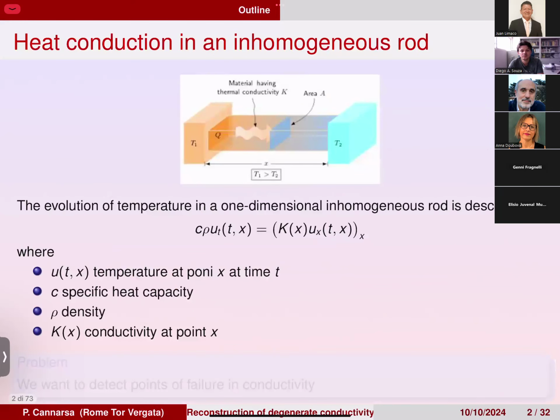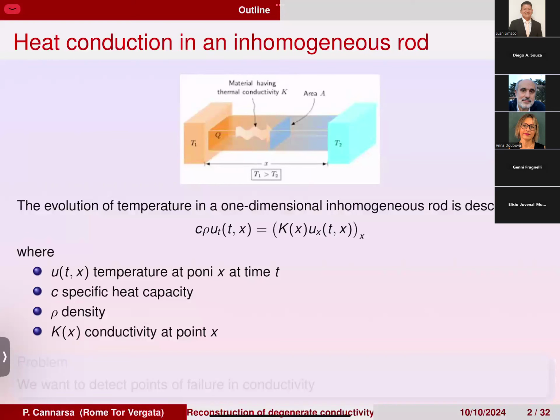The physical motivation is very simple. Although degenerate parabolic equations occur in many different applied domains, from population genetics to climate science, here I'm taking a very simple heat conduction model.